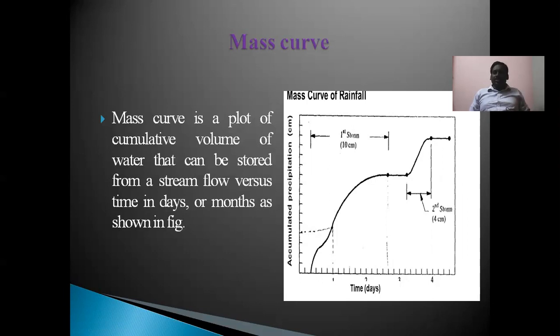When rainfall increases, the water stored in the reservoir also increases with respect to time. That's why the curve is like this. After some time it increases and finally saturates. That means this is the relationship between the cumulative volume of water that can be stored in a reservoir with respect to the time period. This is the definition of a mass curve.